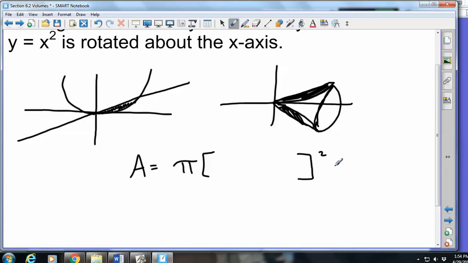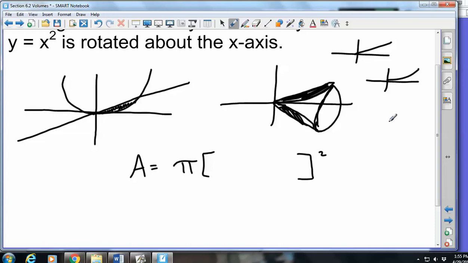What are you going to have to do? If you just had the line, what would your radius be? X. If we just had the parabola, what would your radius be? X squared.